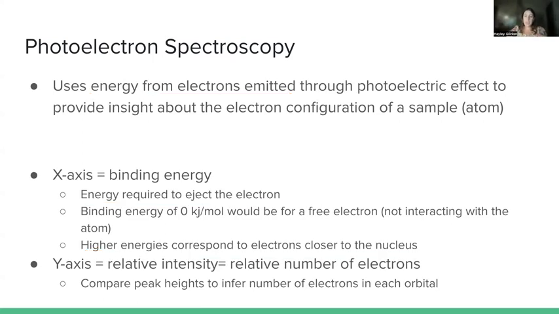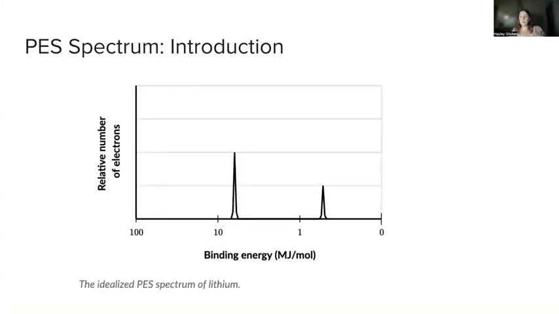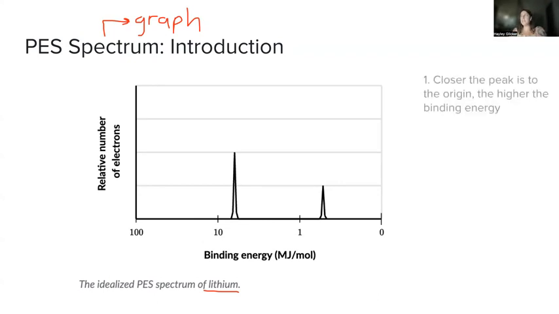What we're going to be able to do is some comparing to help us assess what orbital those electrons came from. So to talk through an example, here's the lithium photoelectron spectrum. Spectrum is a fancy word for a graph. Our x-axis is our binding energy and our y-axis is the relative number of electrons. The key thing here is that we see 3 key pieces of information.